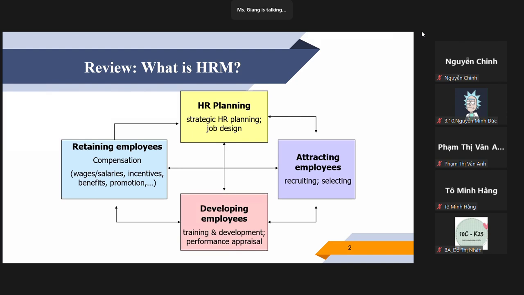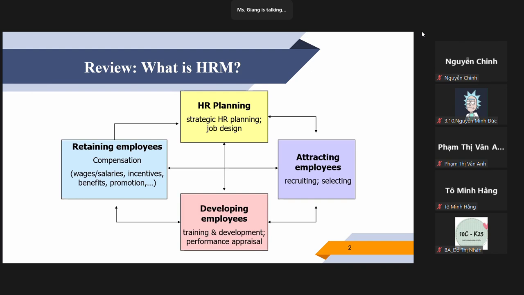From job design, we will have the job description and job specification that allow the organization to hire the qualified employees and to prevent from hiring overqualified employees or underqualified employees. In attracting employees, we have the 2 main activities: recruitment and selection. Developing employees includes training, developing, and giving employees the performance appraisal.